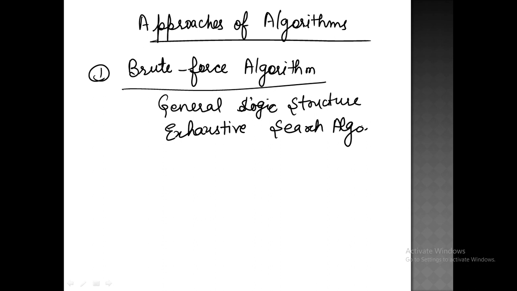And such type of algorithm are of two types. First is optimizing. Second is sacrificing.